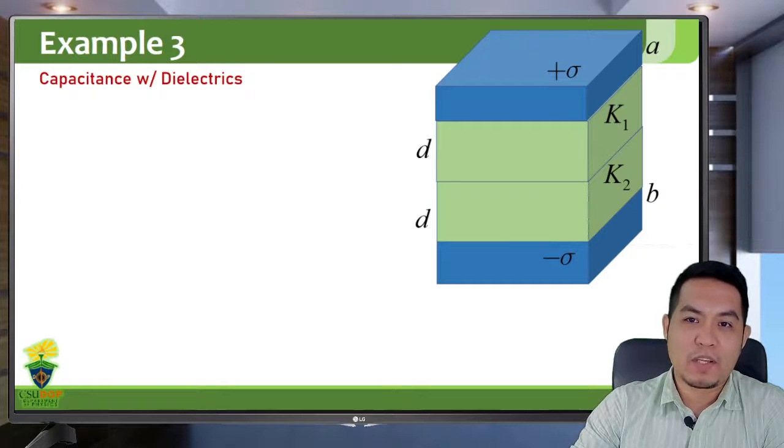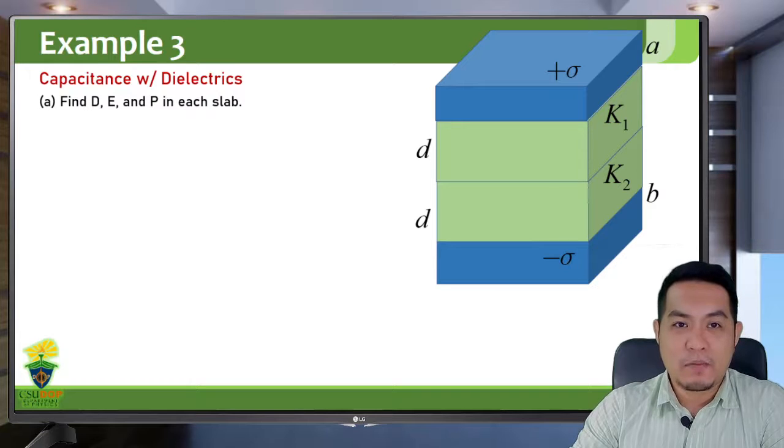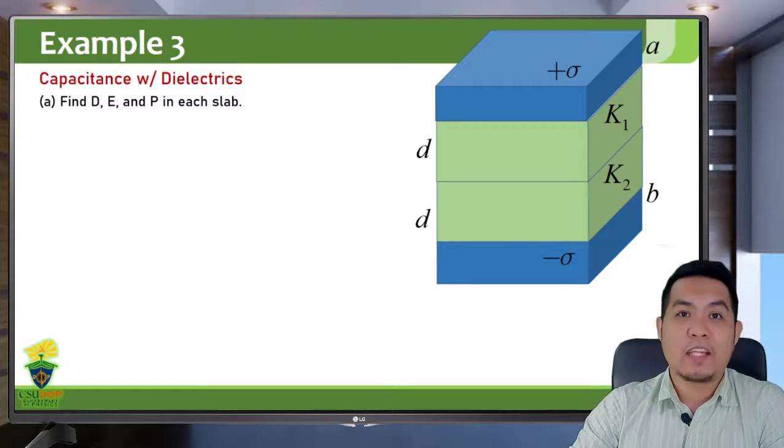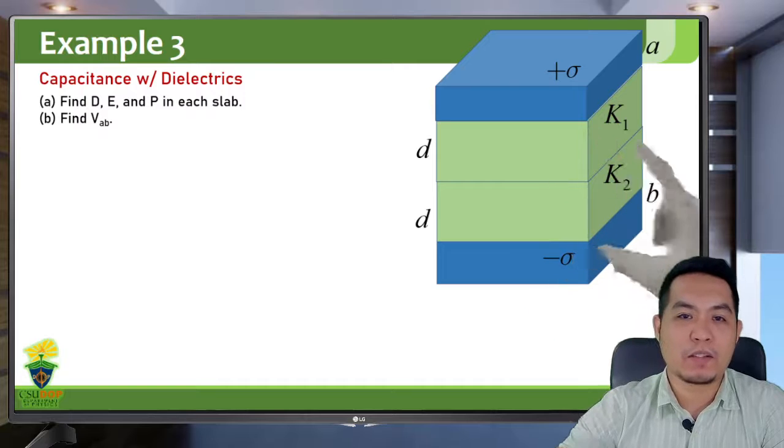But in this case, we now have two dielectrics in between the plates of our capacitor. So we are asked to find the displacement, the electric field, the net electric field, and the polarization in each of the slab. The potential difference between A and B, so between the plates of the capacitor.